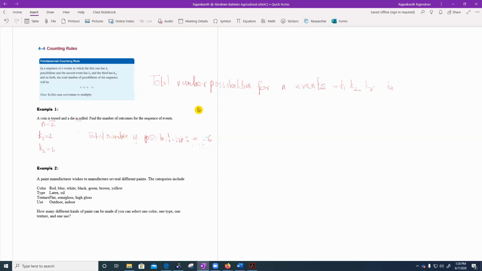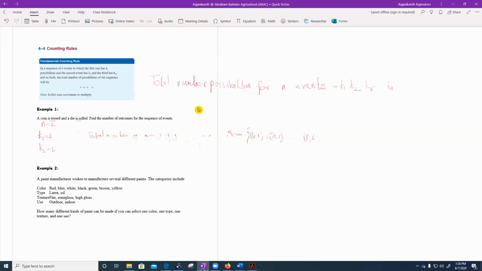Suppose you want to find the sample space for these two events. We had this same problem in the first section we studied. The sample space for these two events is: from the coin you may have heads, and from the die you may have number 1. So this is one of my outcomes. Then H2 and so on up to H6.